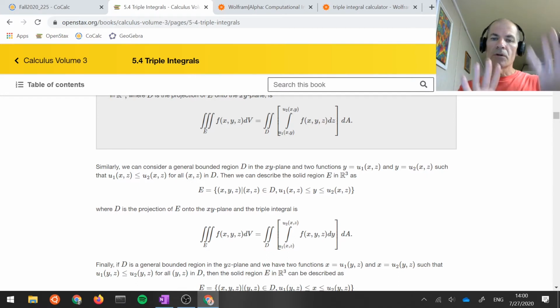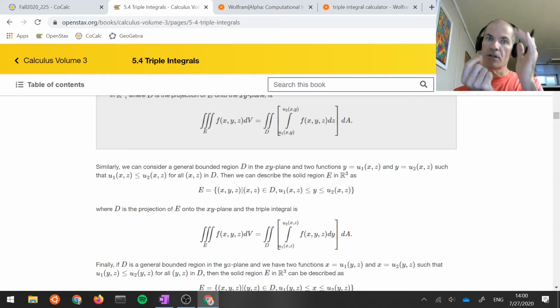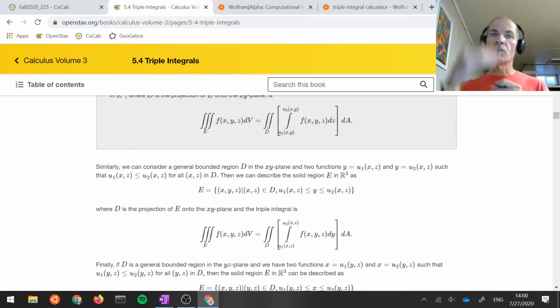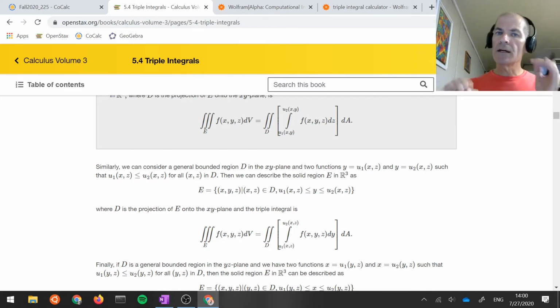Now, there are, of course, all the possible permutations of these situations. So maybe the y variable goes from a surface on the left to a surface on the right. Maybe the x variable goes from a surface in the back to a surface in the front. And it's up to you to figure out the most strategic way of arranging these integrals so that I can describe my limits as easily as possible and actually carry out the integration.